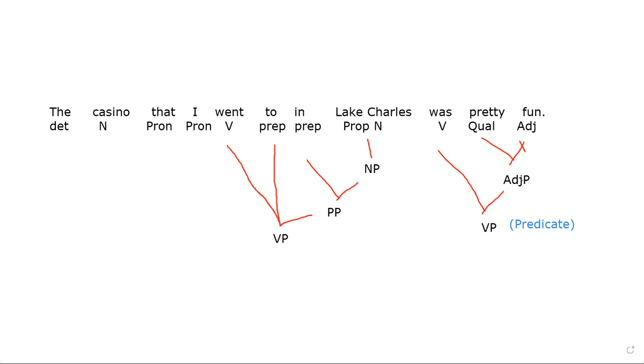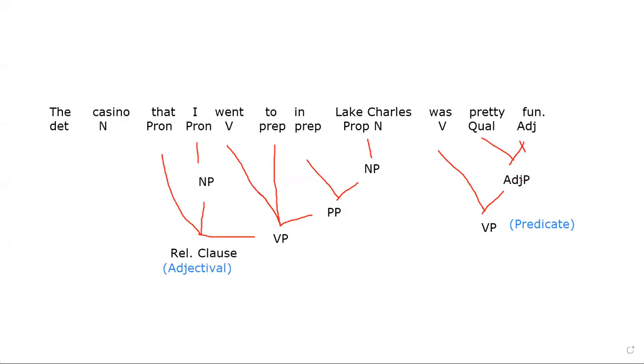We're just going to put went and to, and we're going to put our prepositional phrase all together into a verb phrase. The noun phrase, what went? Who went, right? I did.